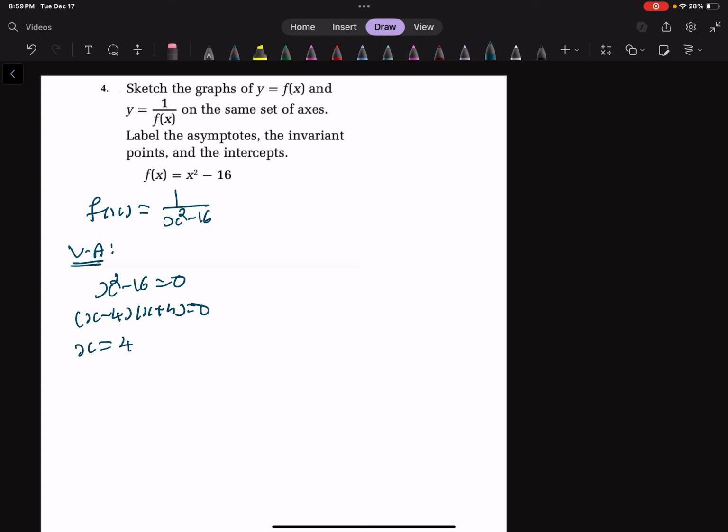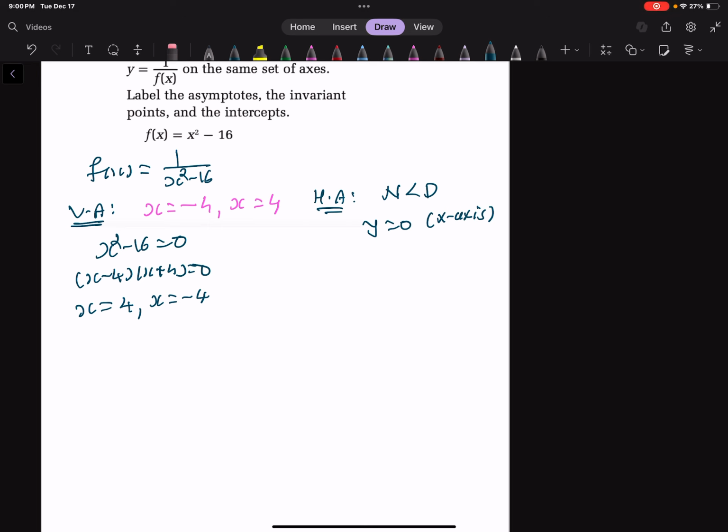So x equals positive 4 and x equals -4. So we have two vertical asymptotes, x equals 4 and -4. For the horizontal asymptote, the degree of the top is less than the degree of the bottom, so y equals 0, which is basically the x-axis.